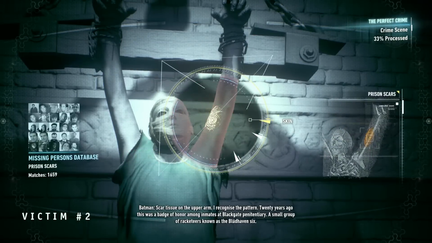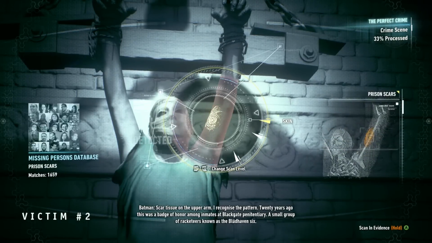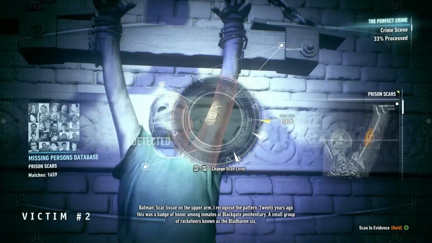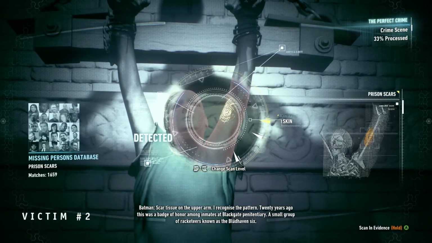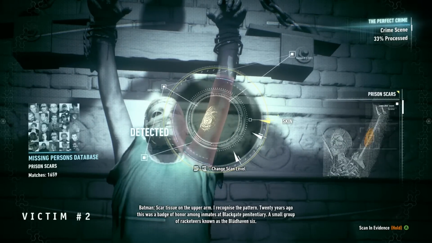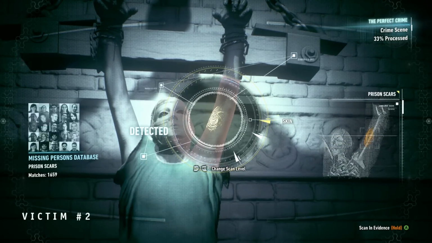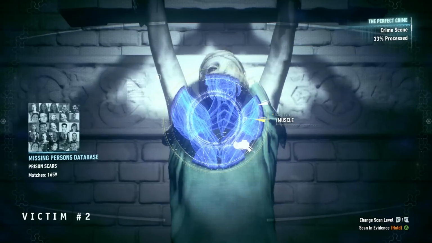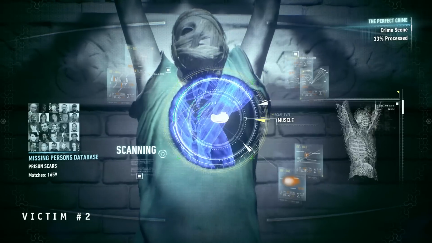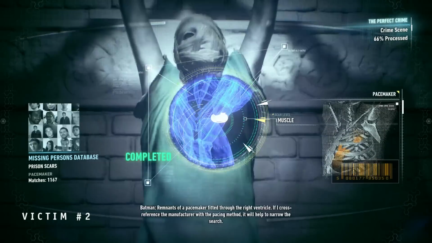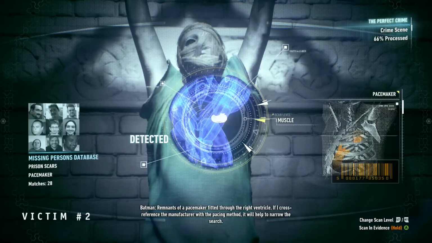Scar tissue on the upper arm. I recognize the pattern. 20 years ago, this was a badge of honor among inmates at Blackgate Penitentiary. A small group of racketeers known as the Bloodhaven Six. Remnants of a pacemaker fitted through the right ventricle.